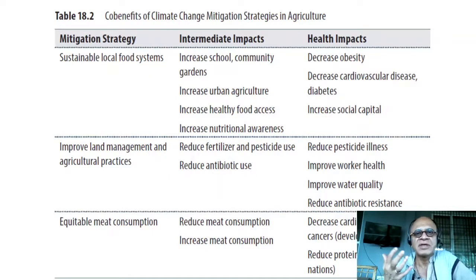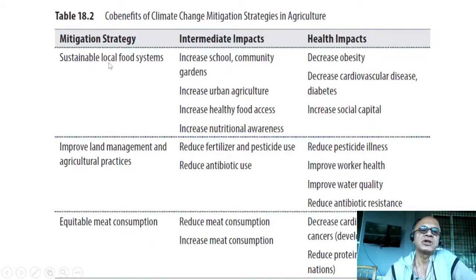so this is repeating some of the points we have made, but there are podcasts I have on my course on drawdown and on climate solutions, where we talk more specifically about climate mitigation strategies. Here are a few from the book that we are using: Co-Benefits of Climate Change Mitigation Strategies in Agriculture.